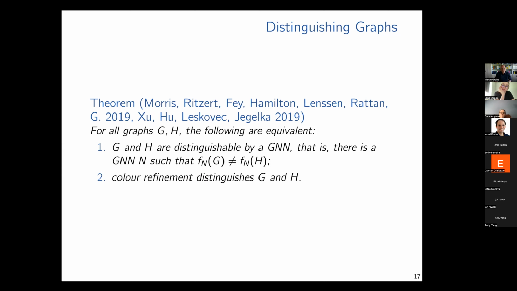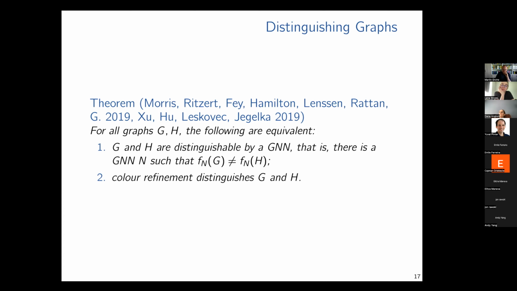One has to say that this leads to graph neural networks of size exponential in the graphs we want to distinguish, but it can also be done with polynomial size if you do the construction by hand. That's what we did in our paper. So in terms of distinguishing graphs, graph neural networks do exactly the same thing as color refinement or Weisfeiler-Lehman.